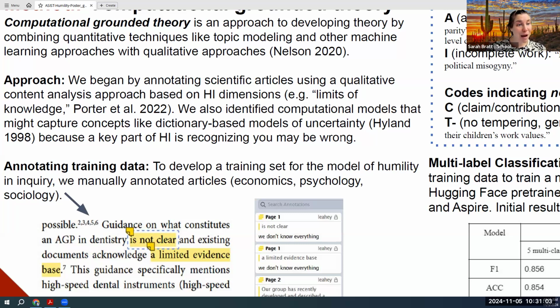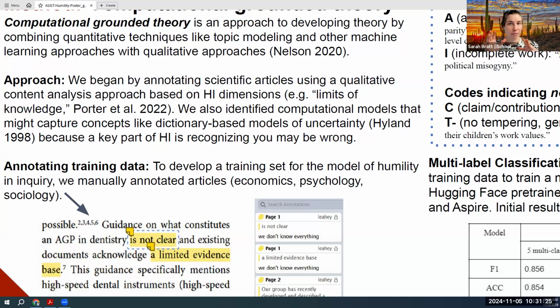Acknowledging other people's perspectives, being open-minded, engaging as if you were thinking from the perspective of your adversary, this kind of thing. And so we also identified computational models that might capture these concepts, such as dictionary-based approaches of uncertainty.